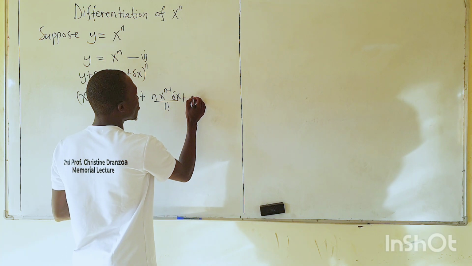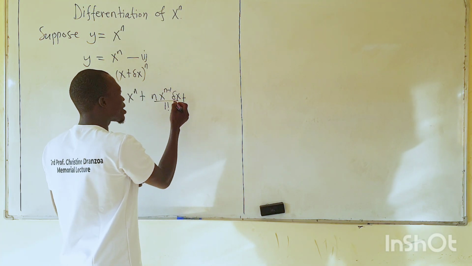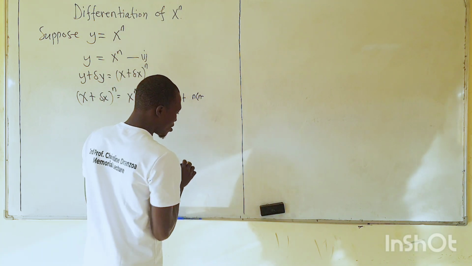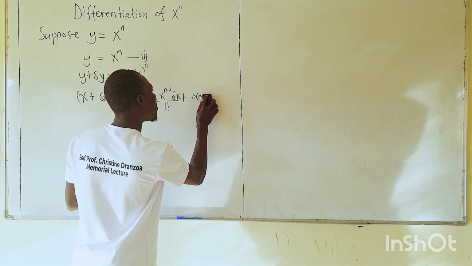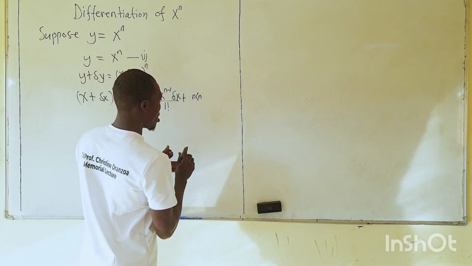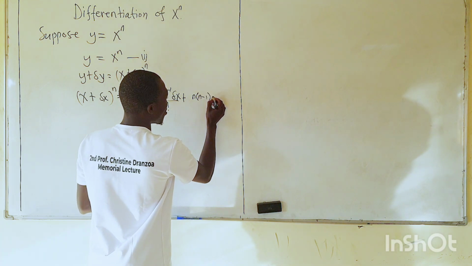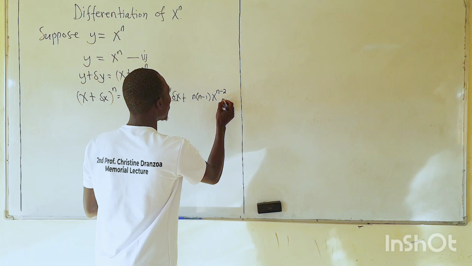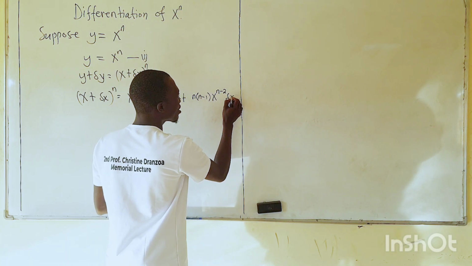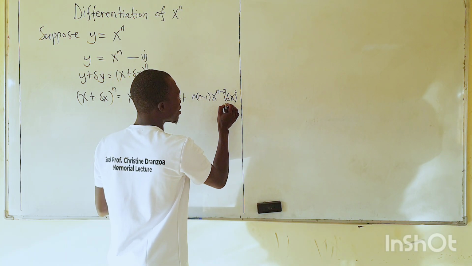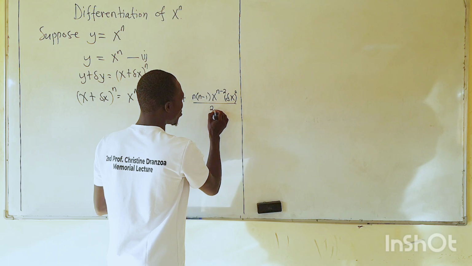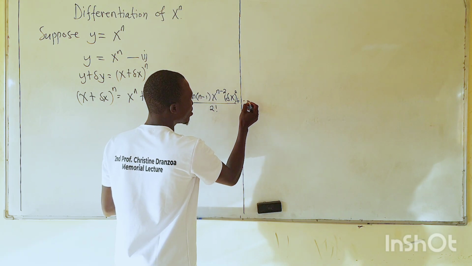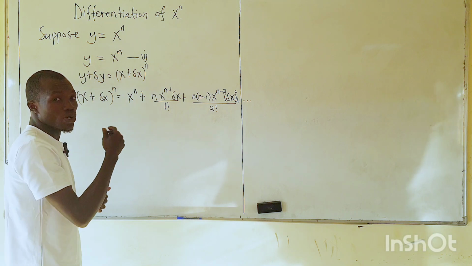Then plus, we bring the power down again: n into (n minus 1), then x^(n-2), then delta x squared over 2 factorial. Then plus, this expansion won't end there, it will continue.